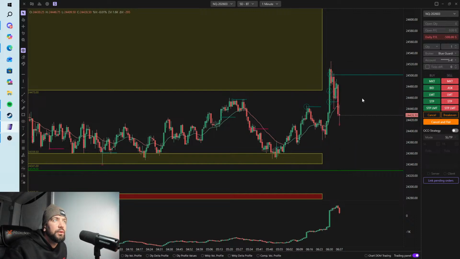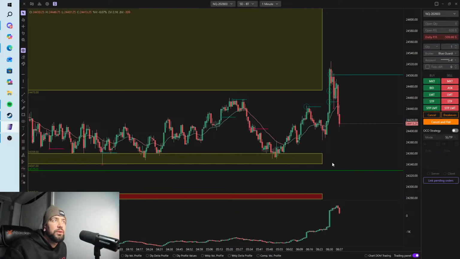Let's move that because we don't need that anymore. We'll see how this closes above. This is the area we want to see it get to.